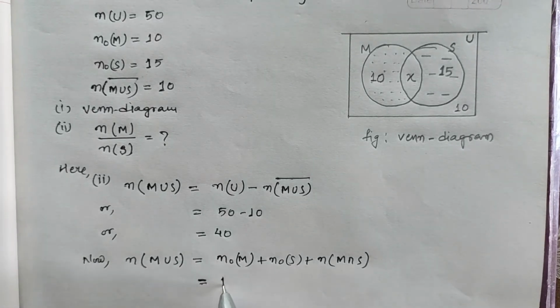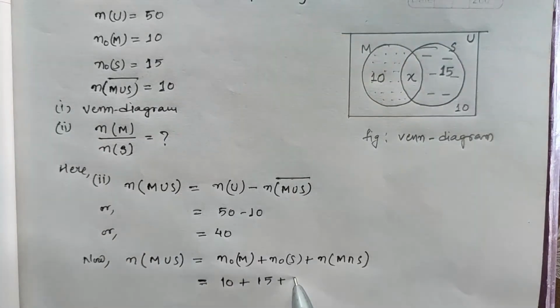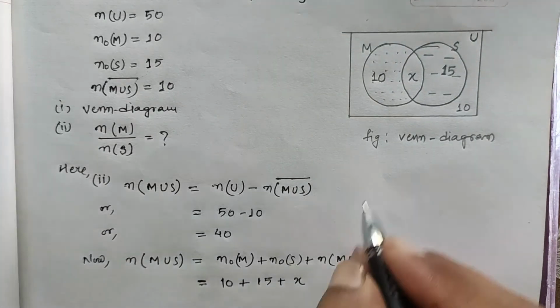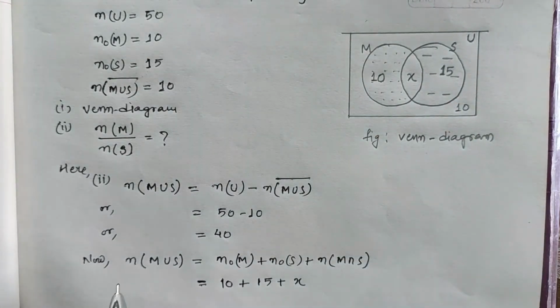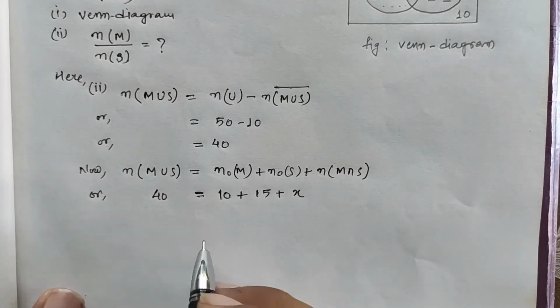So only M is 10, only S is 15, plus X, where we have let the intersection be X. And the union is 40, we just found it, isn't it? So now solve it.